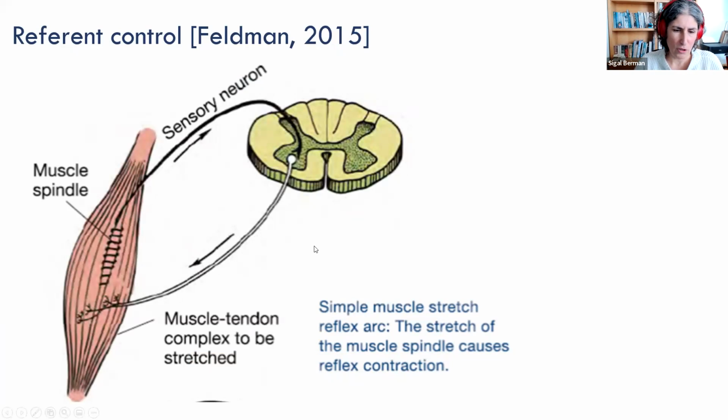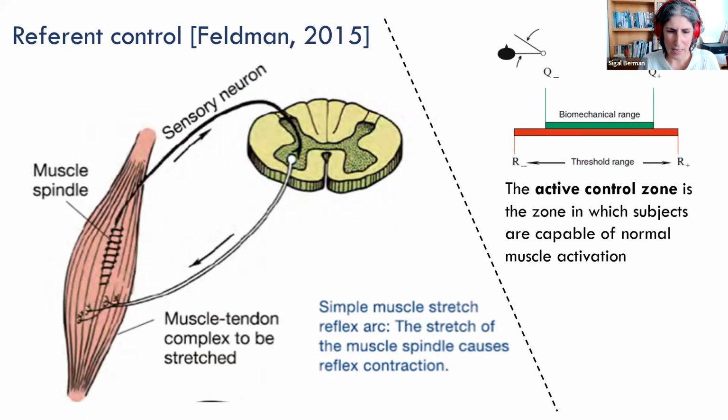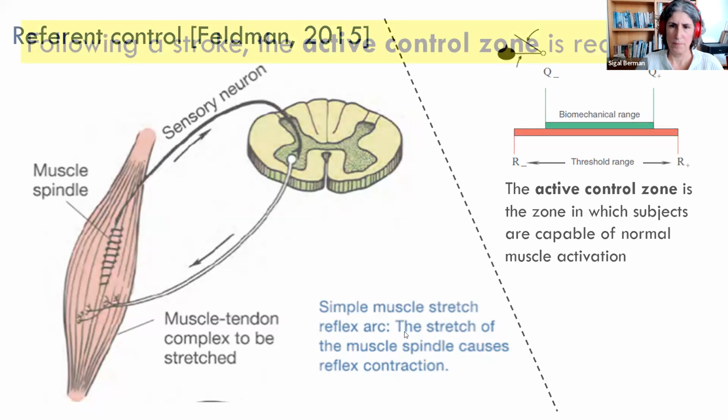And reference control theory is about tying in voluntary motor control with the regulation of muscle stretch reflex. In the healthy population, we are able to regulate the threshold for the onset of the muscle stretch reflex beyond the biomechanical range, and therefore our active zone, meaning the zone in which we are capable of normal muscle activation, includes the entire biomechanical range.